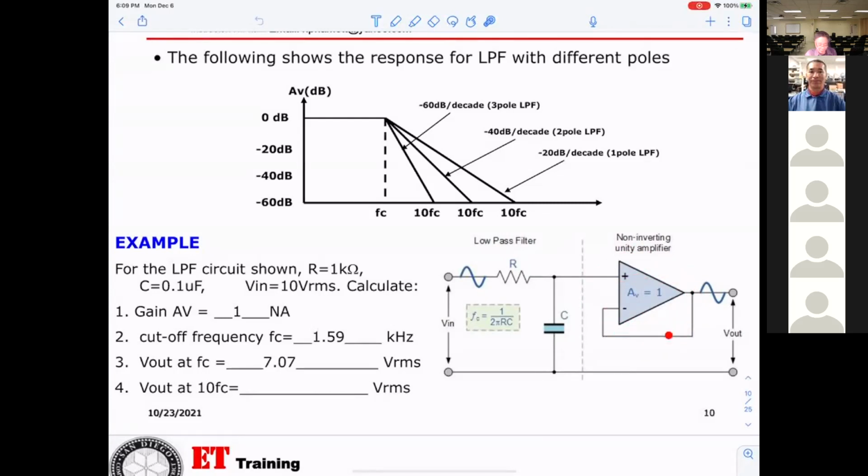The follower, or unity gain, then the gain equals 1. Whatever input comes in will be exactly the same at the output. So calculate the gain and you say the gain equals 1. The gain has no unit.